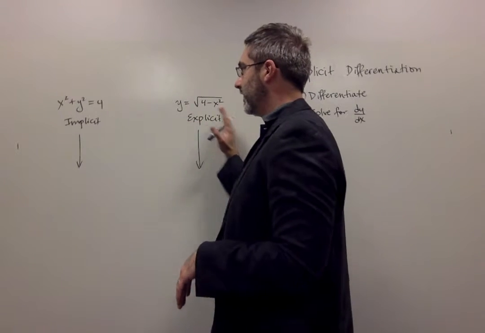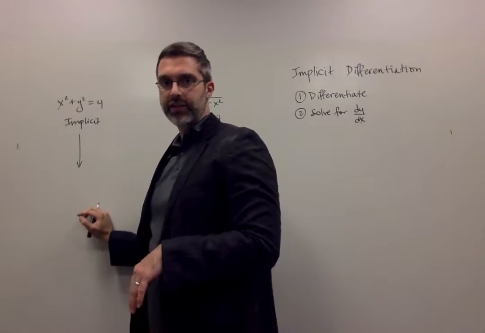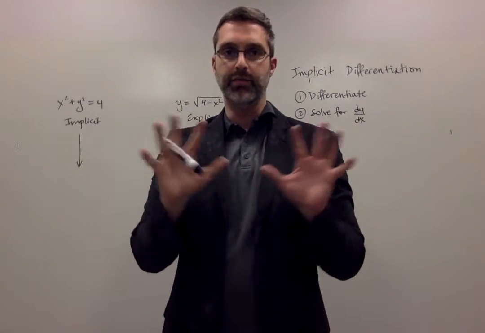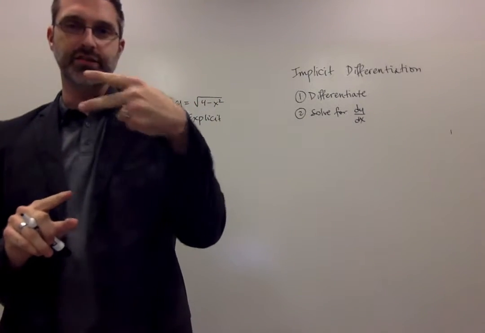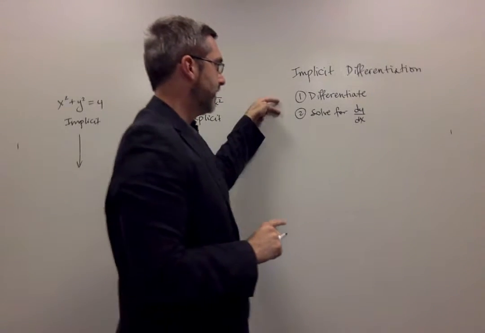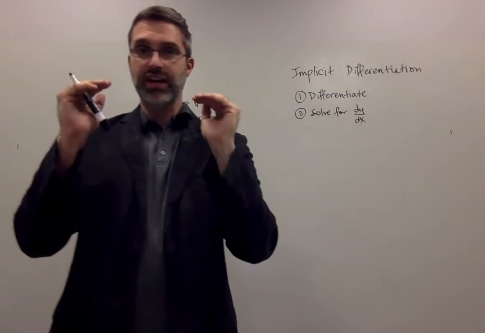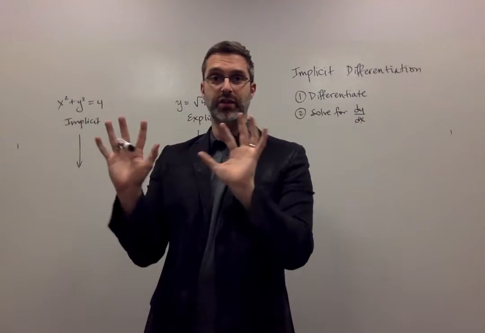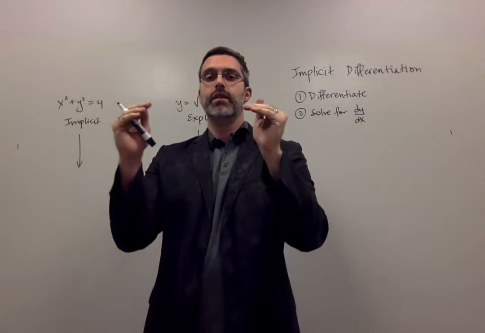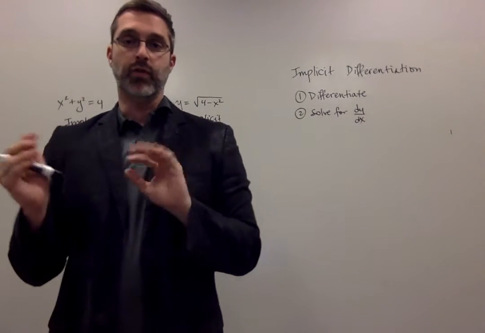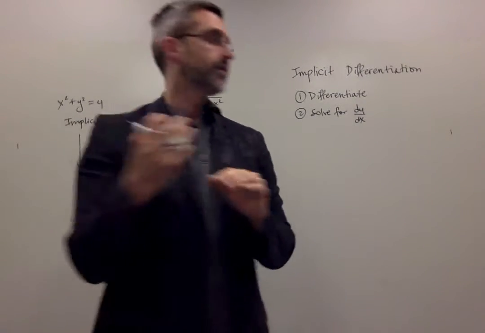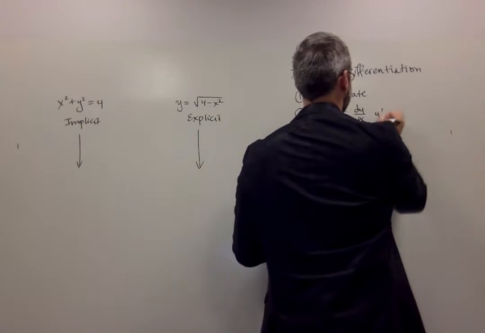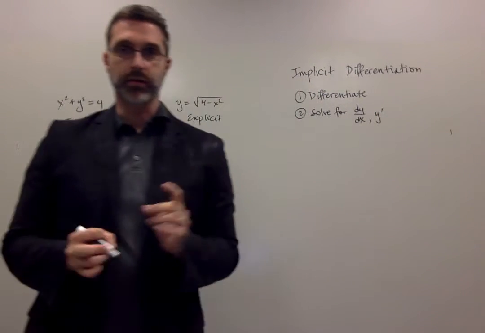So we can't get to this step, but we can still figure out a derivative using this process that we call implicit differentiation. And you remember it has two steps. We just differentiate the equation, straight out. Then we solve for the derivative, y prime, dy dx, whichever one you want to use, okay?